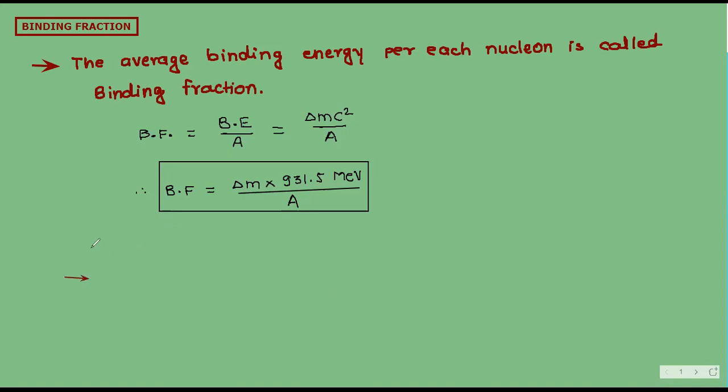First point, binding energy per nucleon is large, that is stable nuclei.